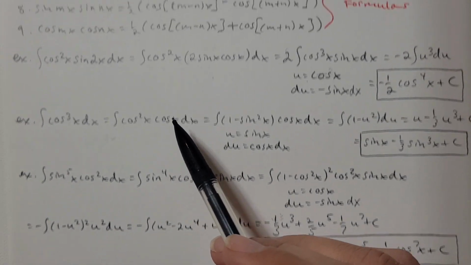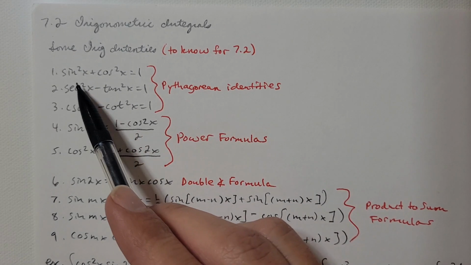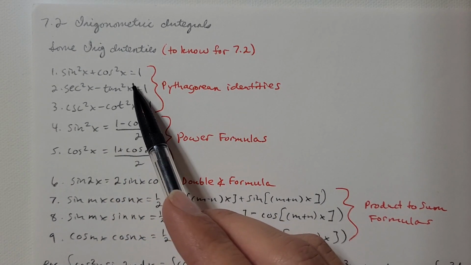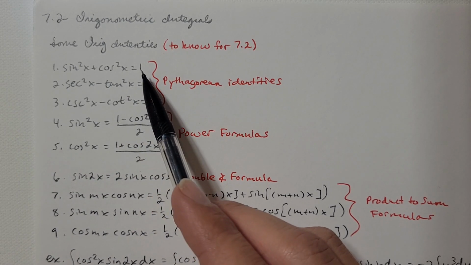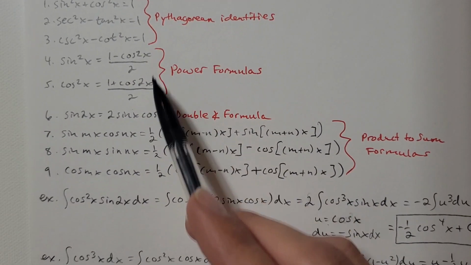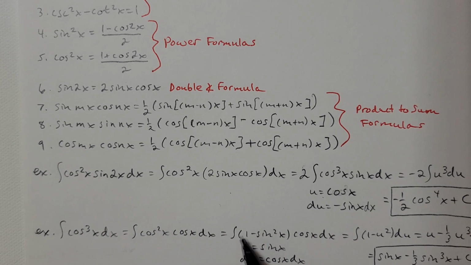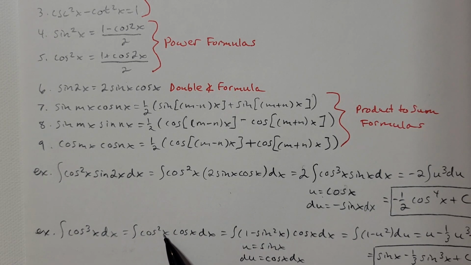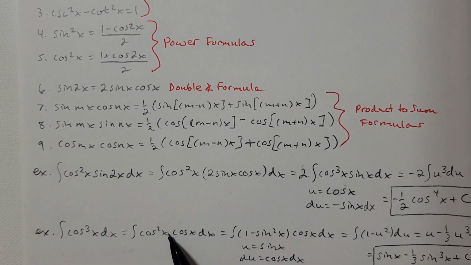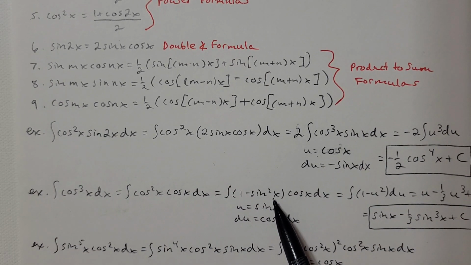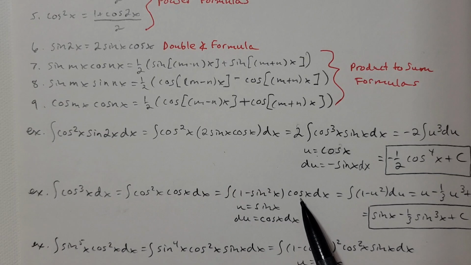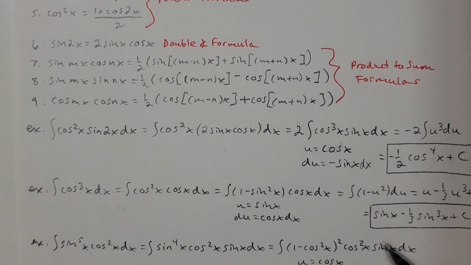Now, the identity sine squared x plus cosine squared x equals 1 means that cosine squared x is 1 minus sine squared x. So where I see the cosine squared x term, let me replace that with the 1 minus sine squared x term, and then I still have the cosine x dx part at the end.